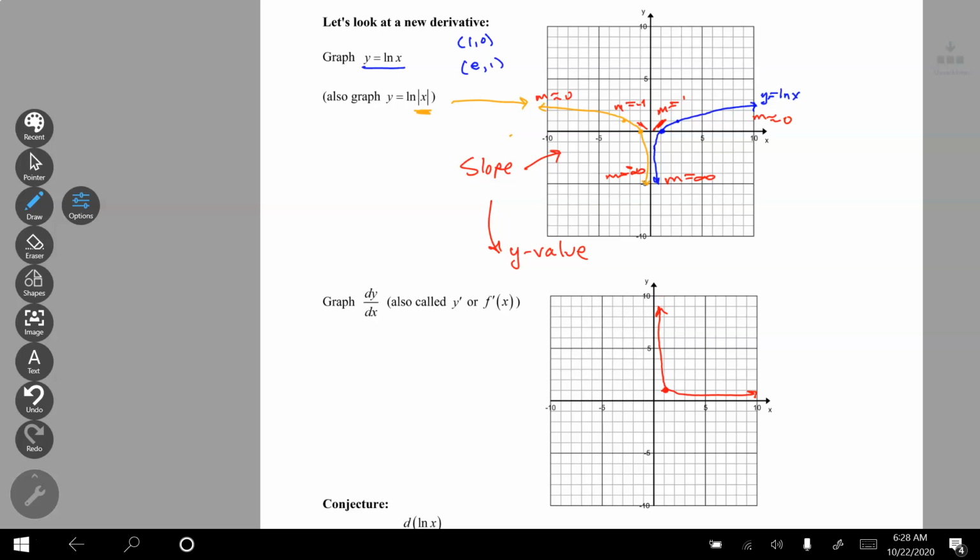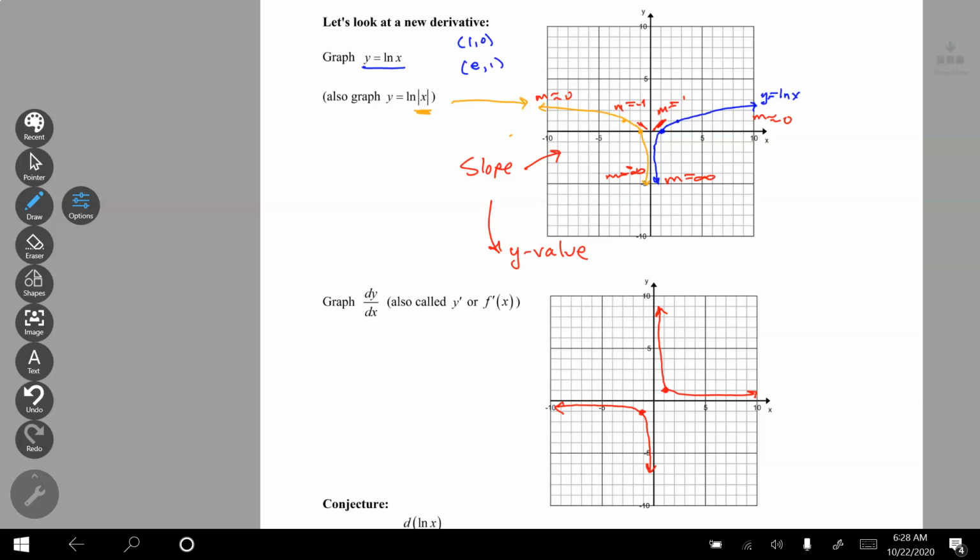That's the derivative of the blue side of the graph, and here is the orange side. So this graph is the derivative of the natural log of the absolute value of x.